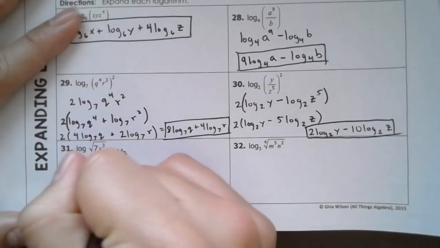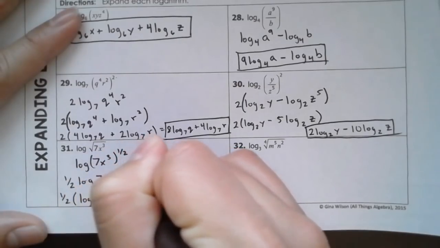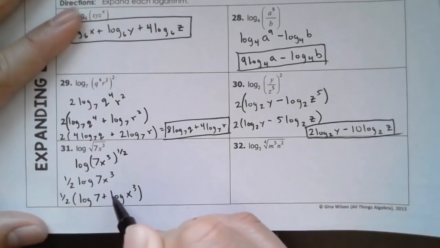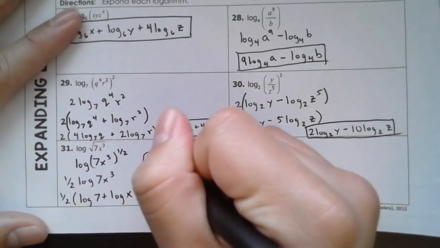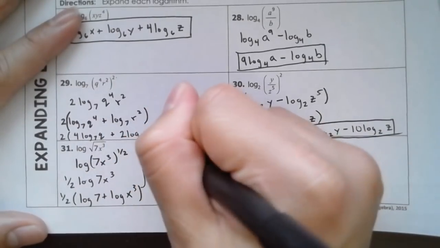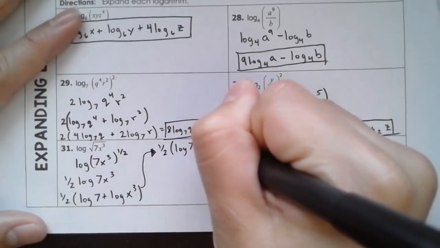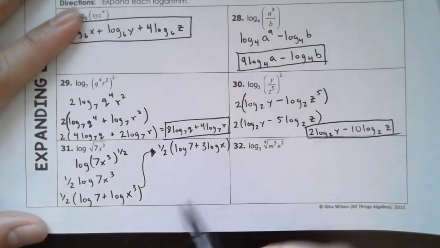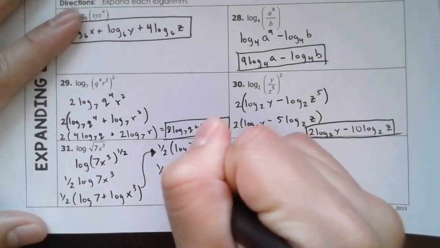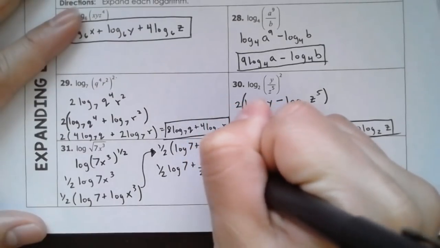So 1/2 times log of 7 plus log of x to the 3rd. This is an exponent. I can move it to the front of log. Okay, I'm going to move here because I'm running out of space. So 1/2 log of 7 plus 3 log of x, and then I can distribute that half into both. So I have 1/2 log of 7 plus 3 over 2 log of x.